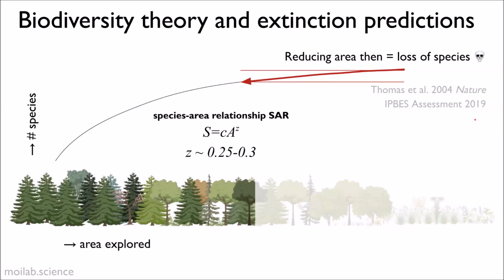In the early 21st century, Thomas et al. thought we could calibrate this species-area relationship across global ecosystems, and then, given that we know how much area we're destroying, maybe we can predict the next equilibrium of the total number of species in the future after that area loss. And this might seem like a very simple prediction.